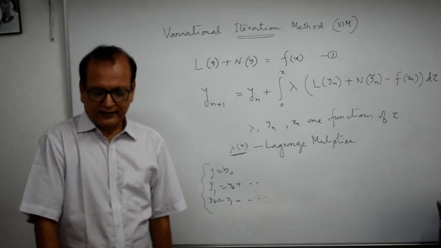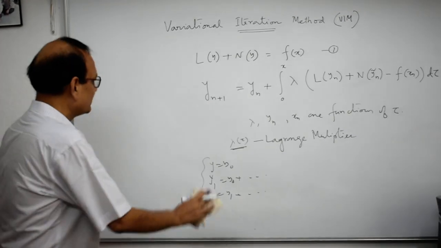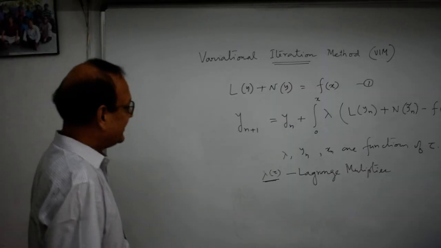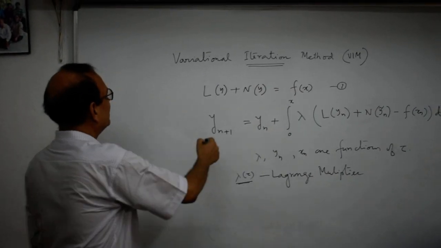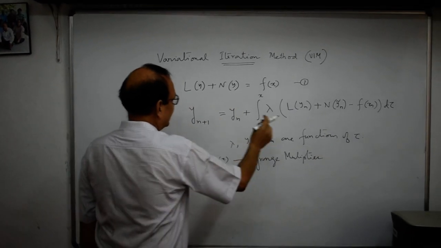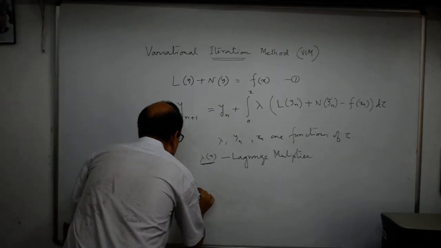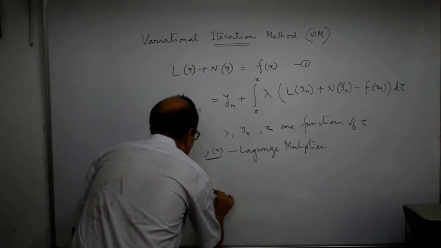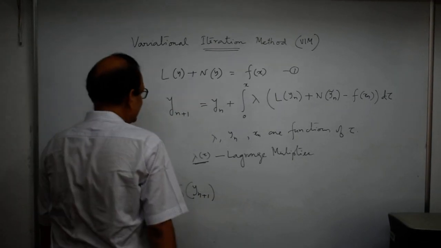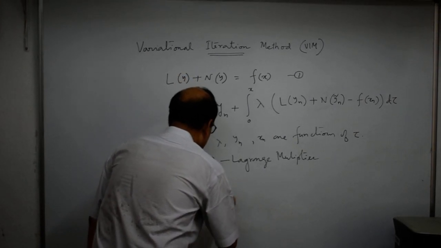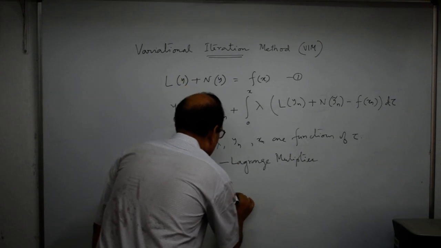Now let me explain how the variational technique works. Suppose we take the variation on y_{n+1}, such that the variation of y_{n+1}, that is the value at the n+1th stage, equals 0.